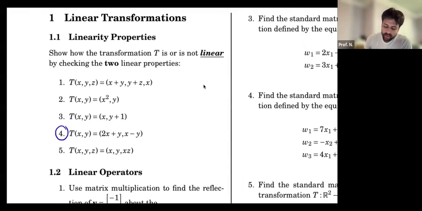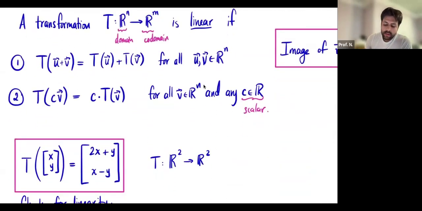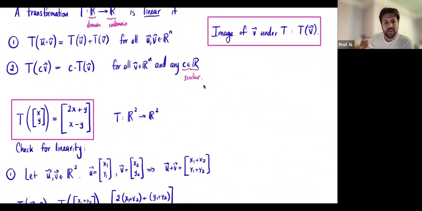So if a transformation is not linear, one of them will fail, and that's enough. If it is linear, you have to show both properties.